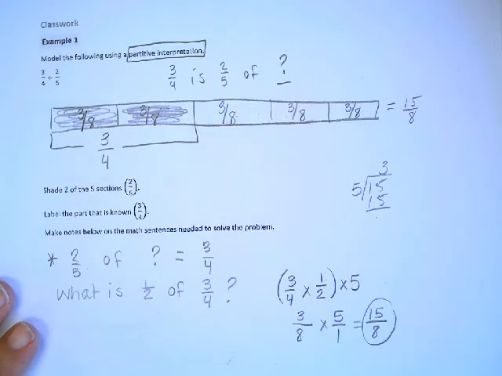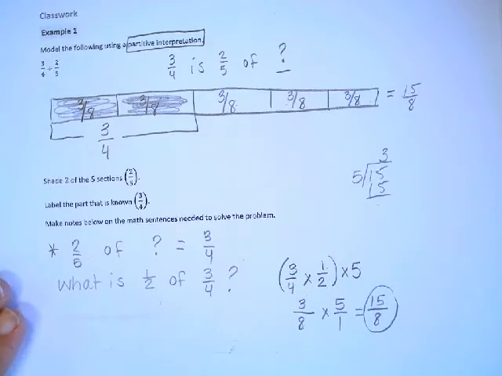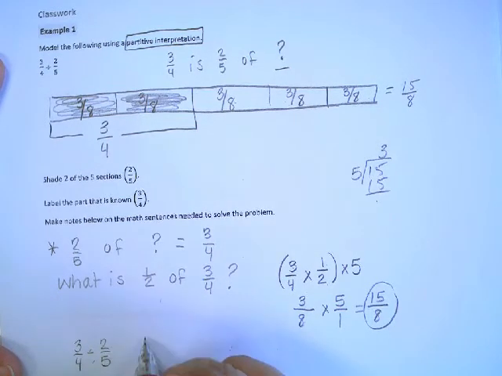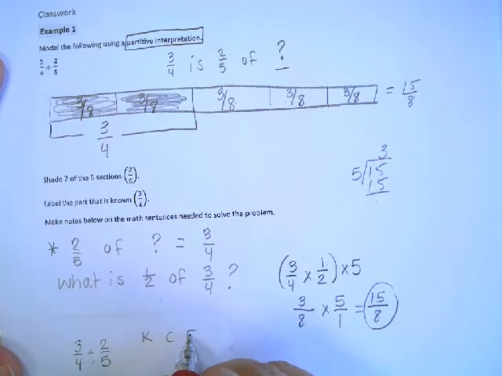And I know this seems awfully confusing, but if I go back now and solve the original problem using the formula that I've used all the way through with keep, change, flip, I have 3/4 divided by 2/5, I'm going to do my keep, change, flip.